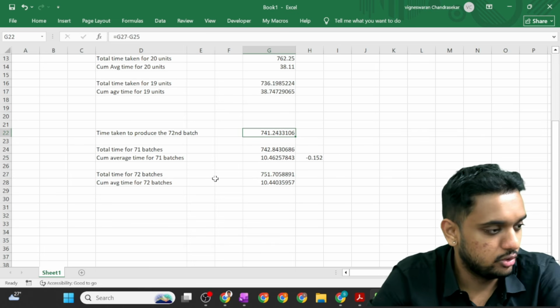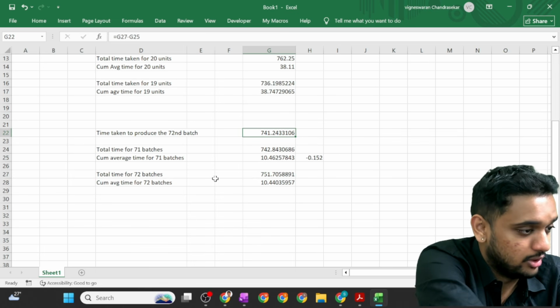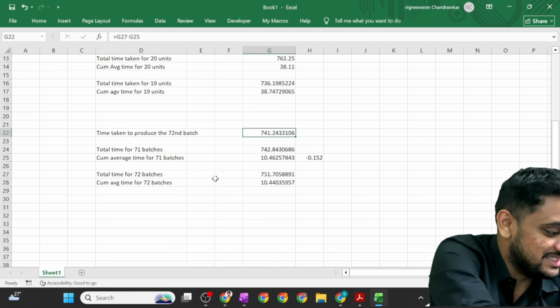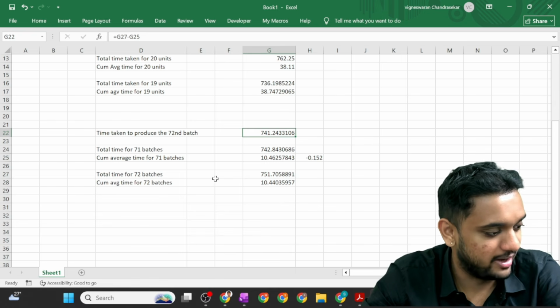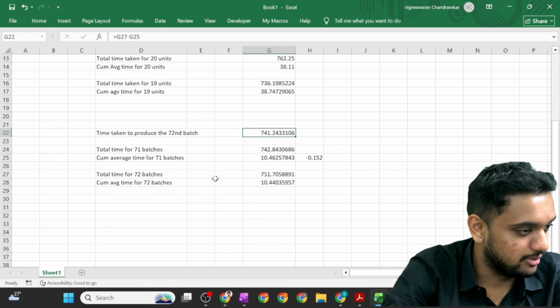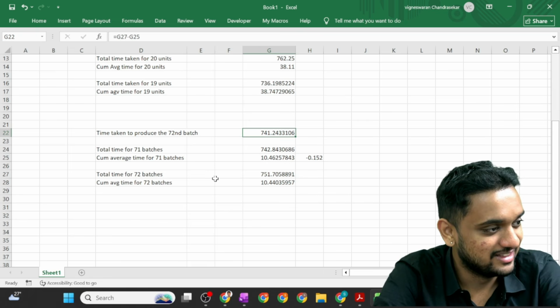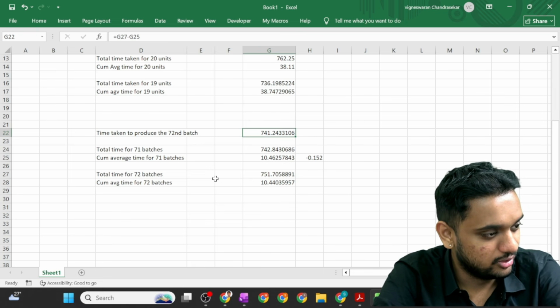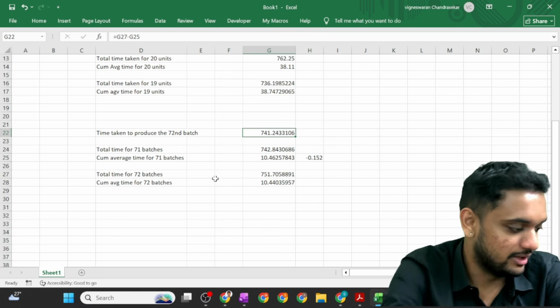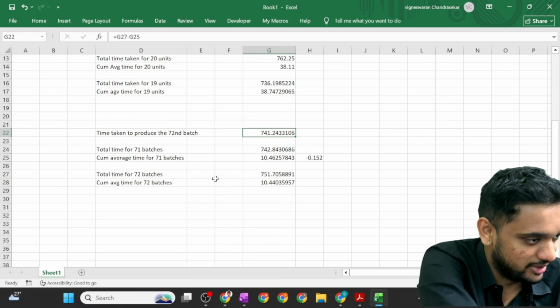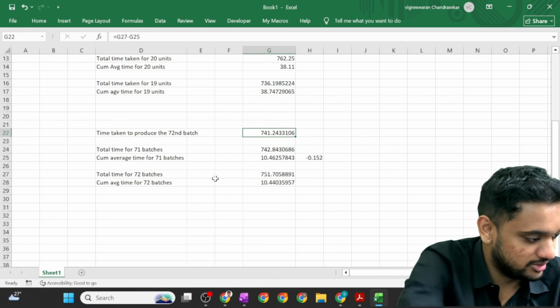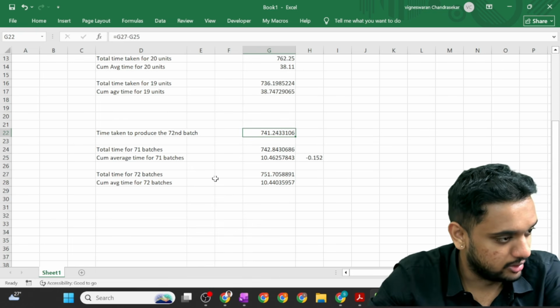Equal to, come down, select this, put minus, then select the other one.